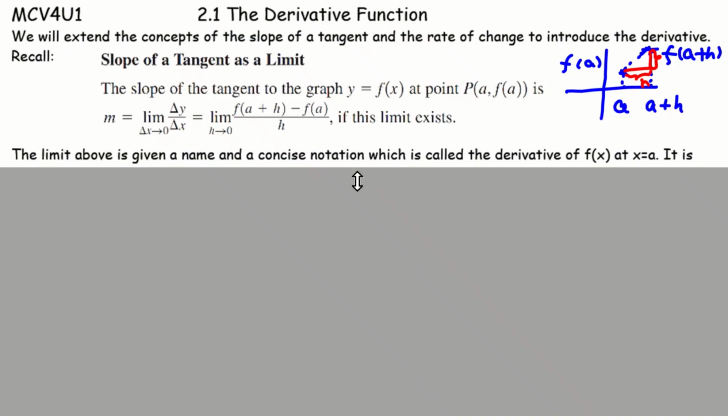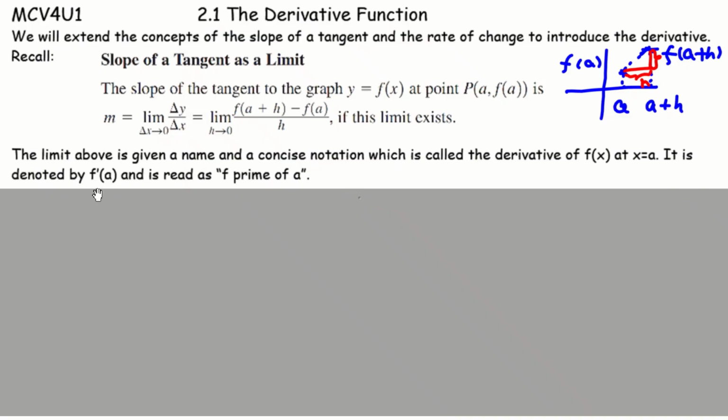We are going to write it as f prime of a and read it as f prime of a. So a is the input, f means a function, f prime means the derivative of that function. So f prime of a represents the slope of the tangent at x equals a.